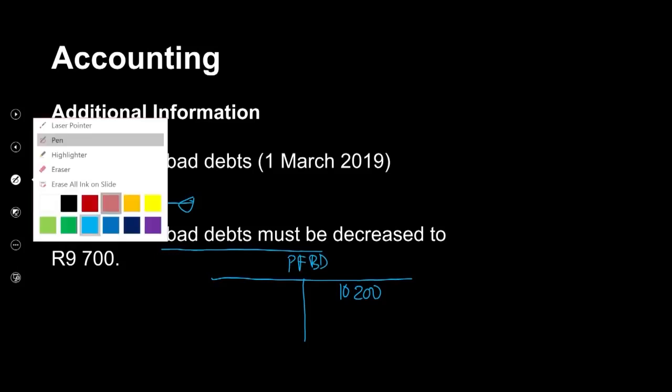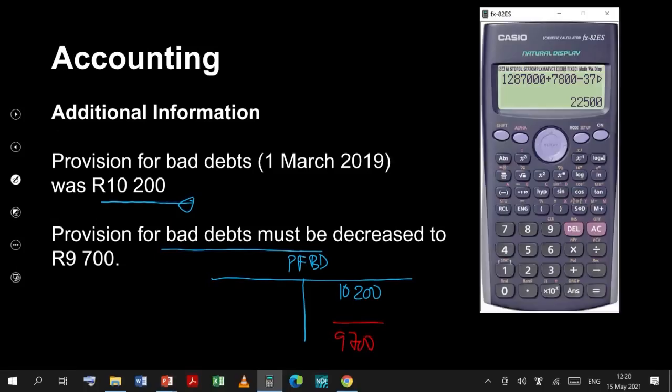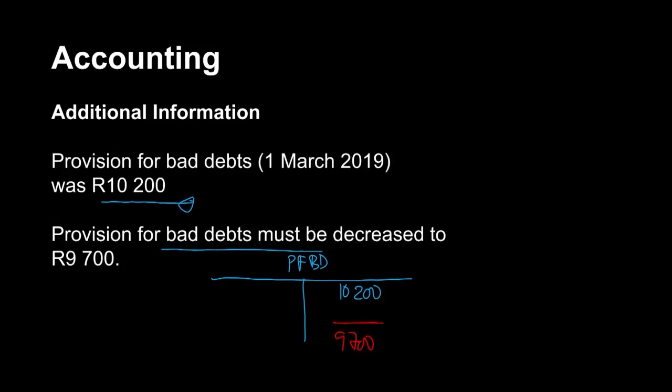Your new provision must be 9,700. So 10,200 minus the 9,700, clearly you can see that in order for this to happen, you need to debit your provision for bad debts with 500 Rand, and you're going to credit an account called provision for bad debts adjustment.